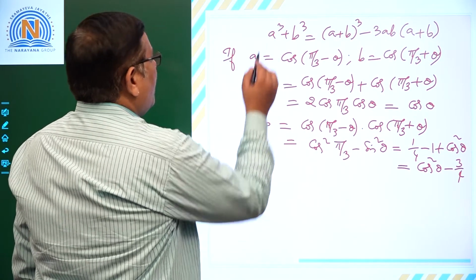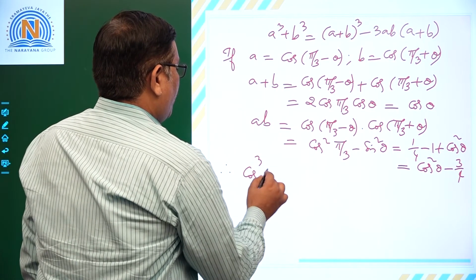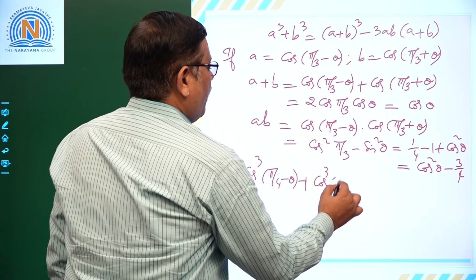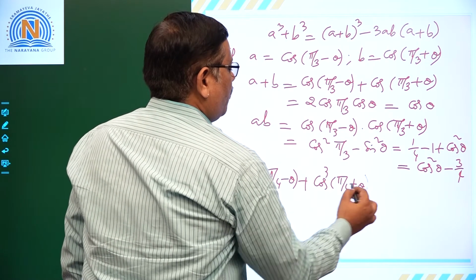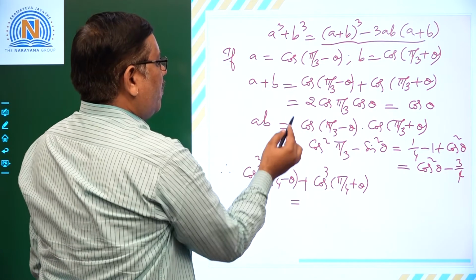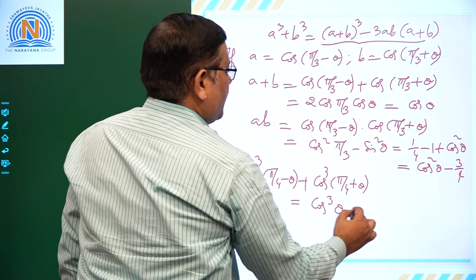Therefore, now A cube plus B cube. So what is A cube plus B cube? Cos cube of pi by 4 minus theta plus cos cube of pi by 4 plus theta. This is nothing but A plus B whole cube. A plus B is cos theta, that is cos cube theta, minus 3AB.